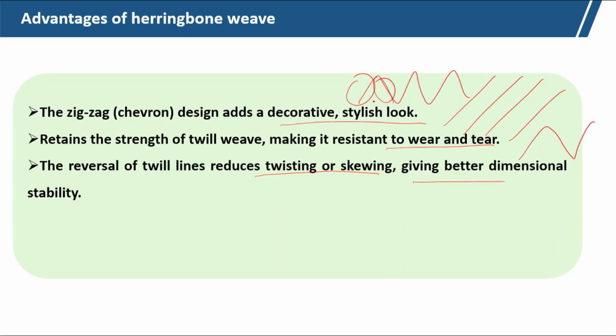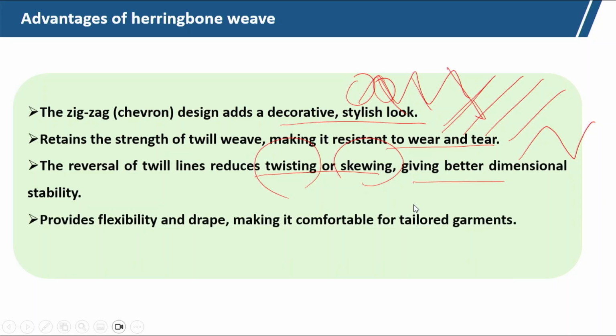In one direction it gives the skewing or twisting, but the twill line in the other direction balances this skewing or twisting tendency. So, that is the reversal of twill lines, which reduces these effects.